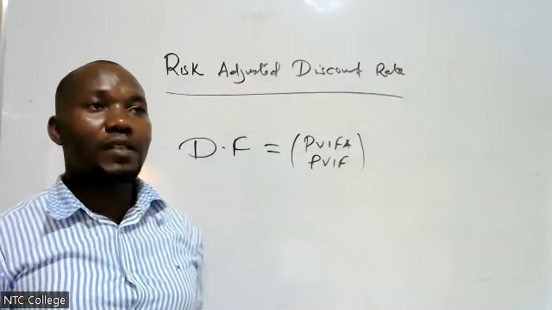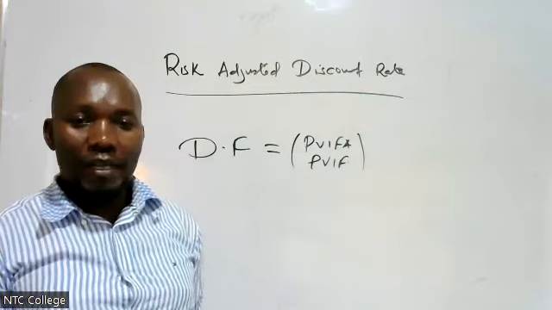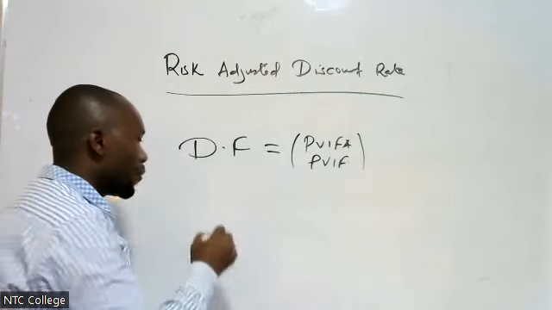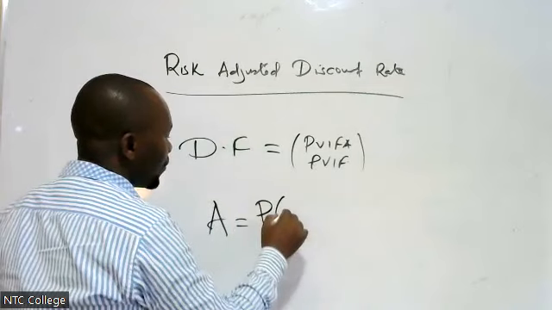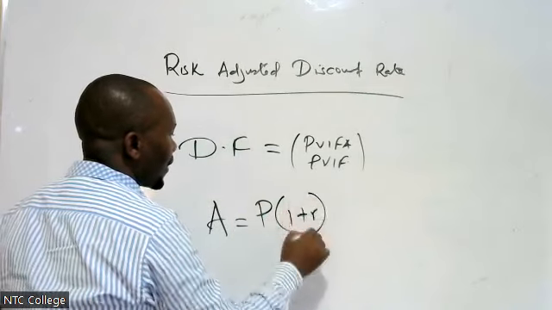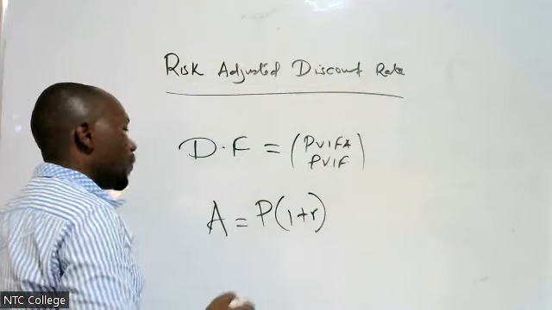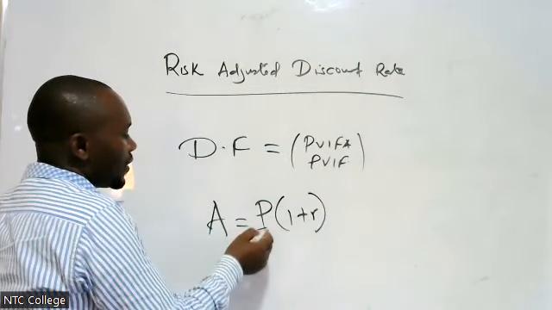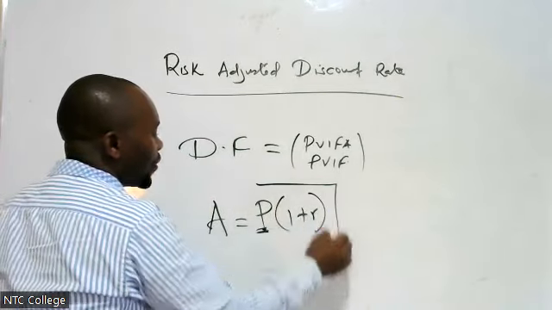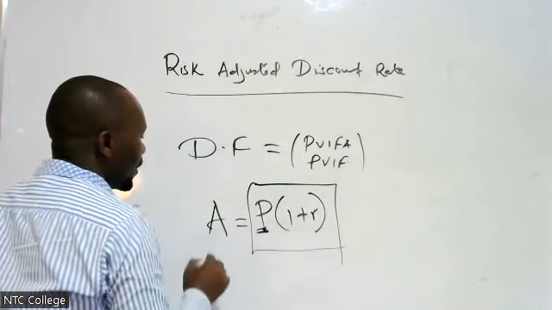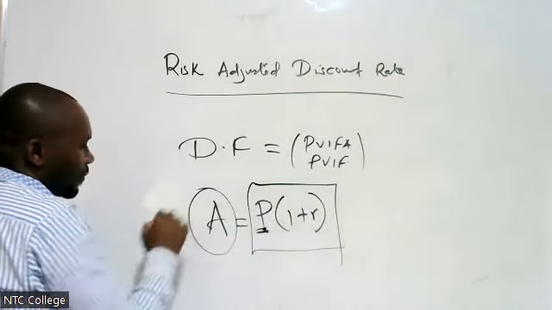With compounding, you are saying, if I invest this much today, the amount should be equal to the principal times 1 plus R. So this is the amount that you're placing today, and the total that you're going to get in the future is what you call the amount.